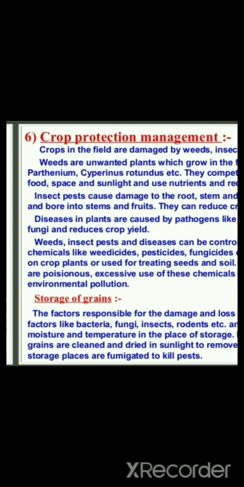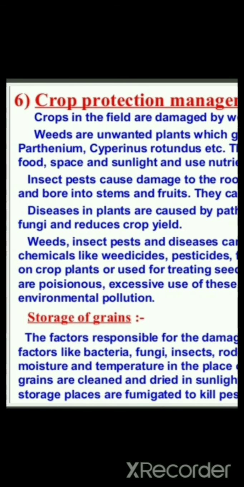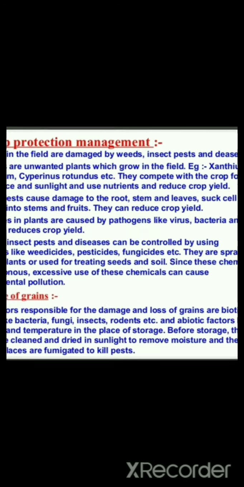So this was about crop protection management. So you see how we can protect our crop from various disease causing insects or weeds or any unwanted plants. So we need to have a proper eye on our crops, proper check on them.